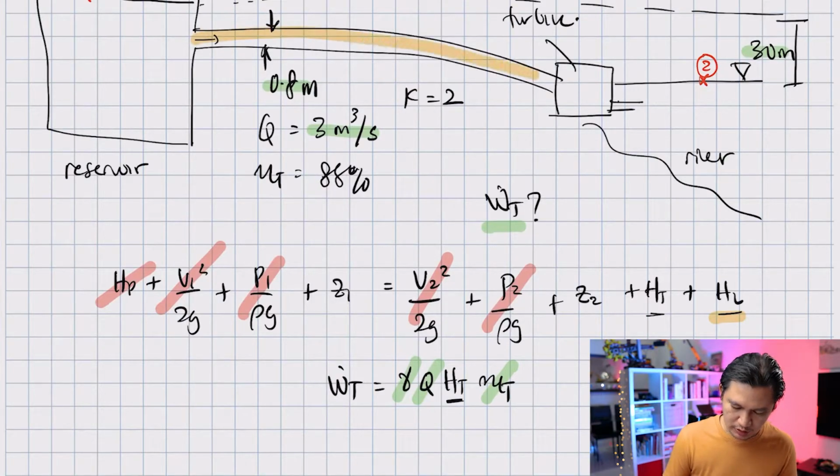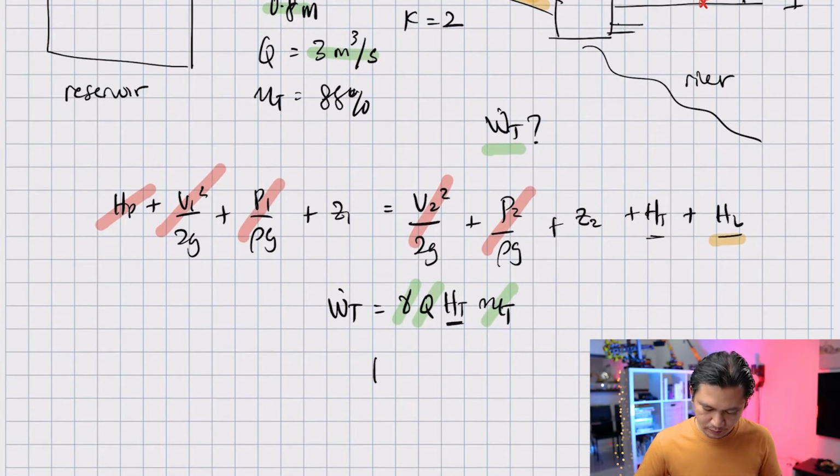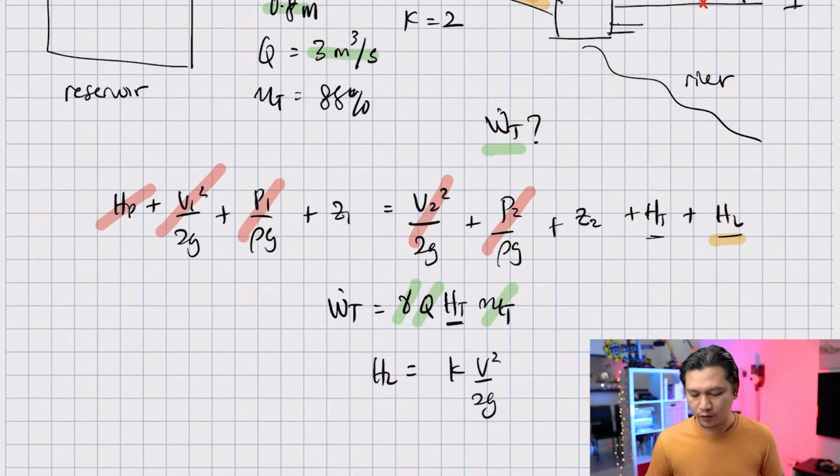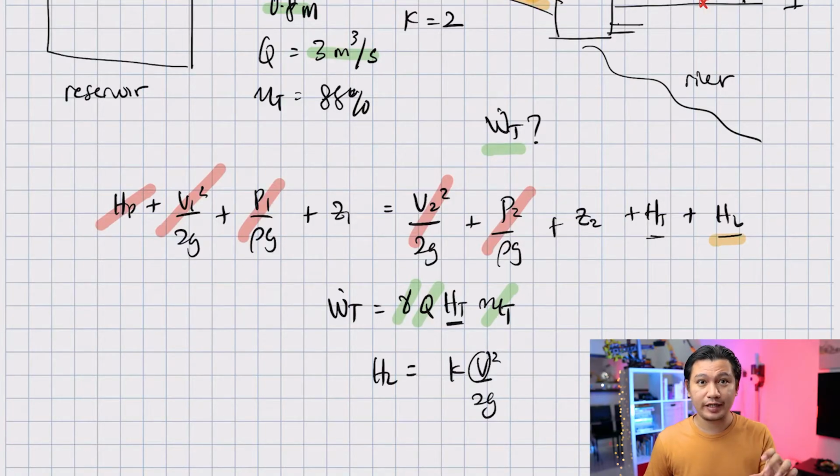So the losses are occurring inside this pipe. Because when you say that HL is equal to kV square over 2G, we already assume that V at the reservoir is 0 and V at the river is 0. So the only logical V here is the velocity inside the pipe.